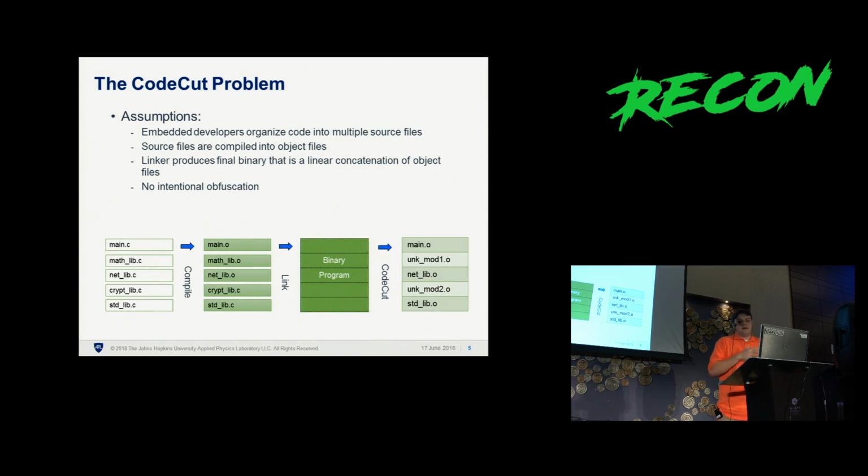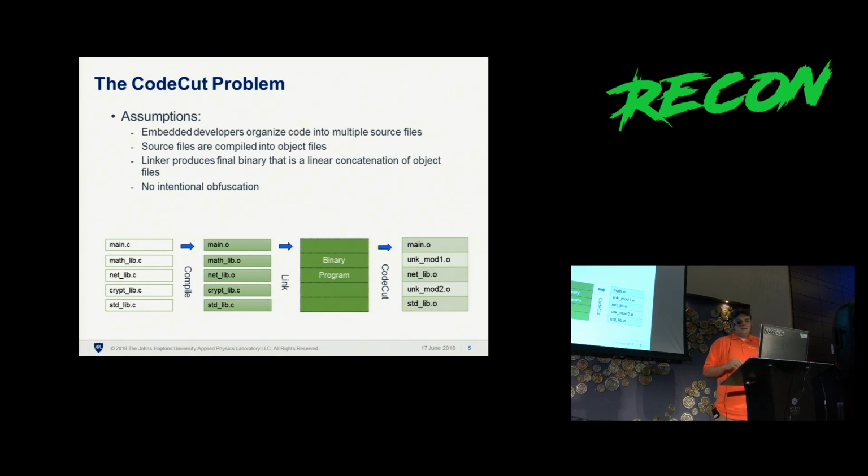When you compile them, they get compiled into object files, and you link them into your full program. When the linker does that, generally it just linearly concatenates your object files. It sticks them all together into your program. So your binary sort of looks like the stack of object files that you gave the linker.